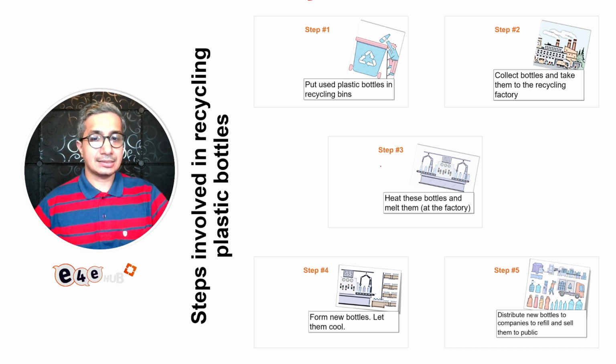After that, at the factory, bottles are heated and then melted. New bottles are formed and they are left to cool. The bottles that we get are distributed to the companies. Then they are refilled and sold to the public.